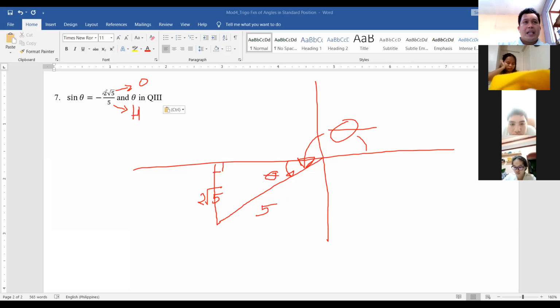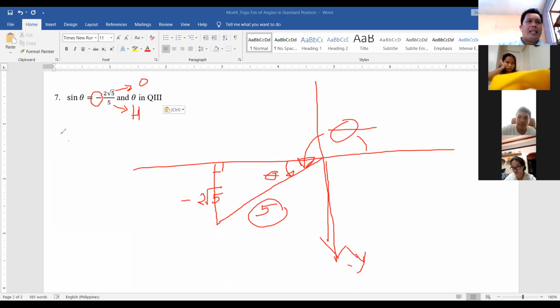Since there is a negative sign and all modulus values are positive, this is the negative value because of it being in the negative y-axis. This is negative y.